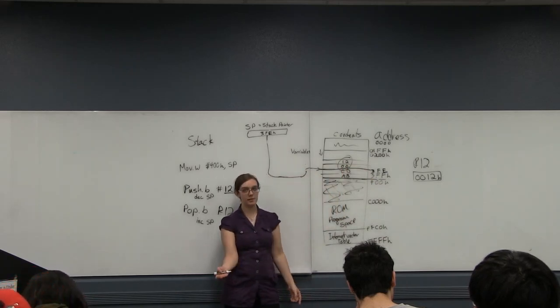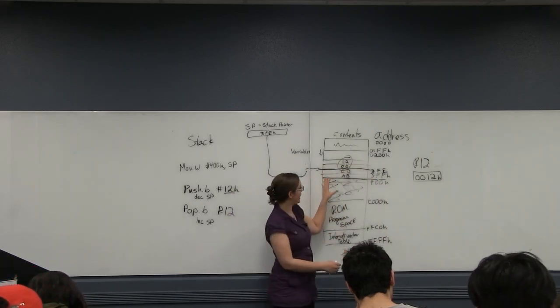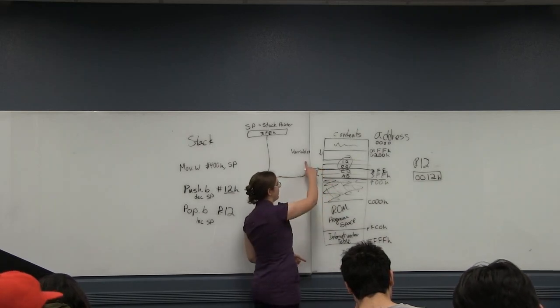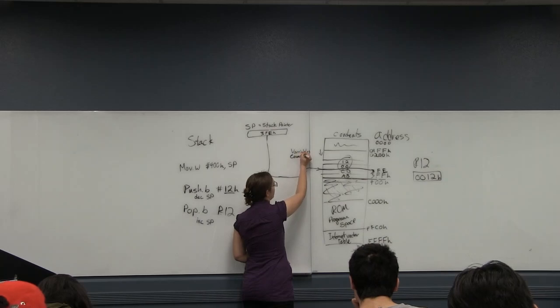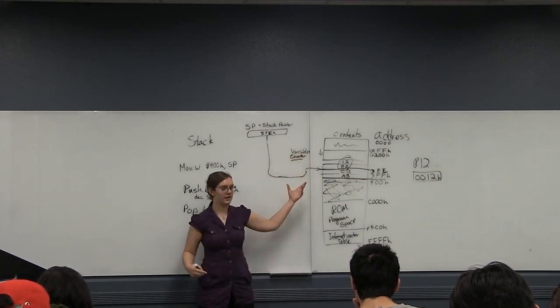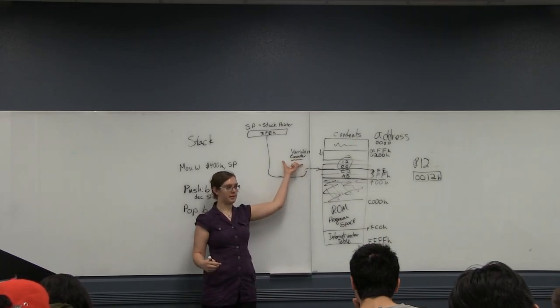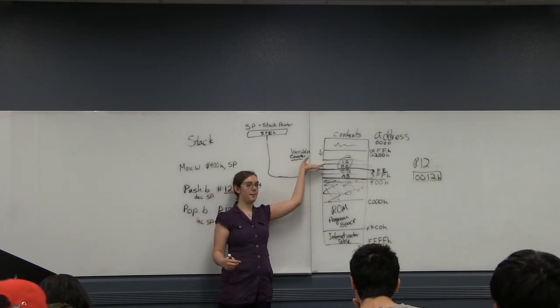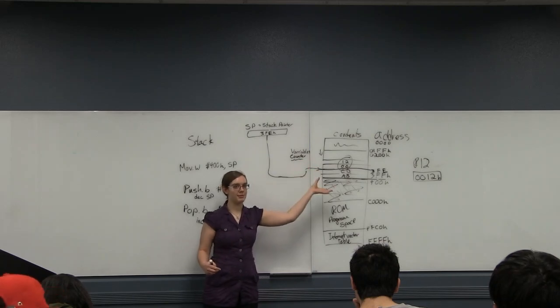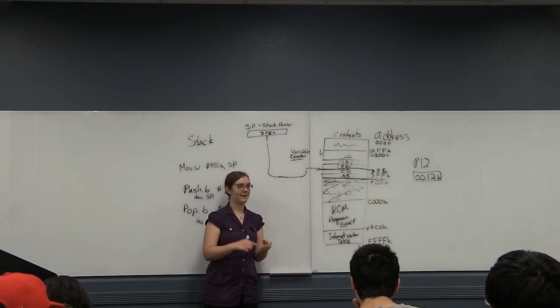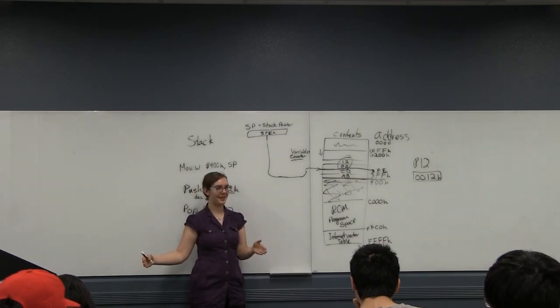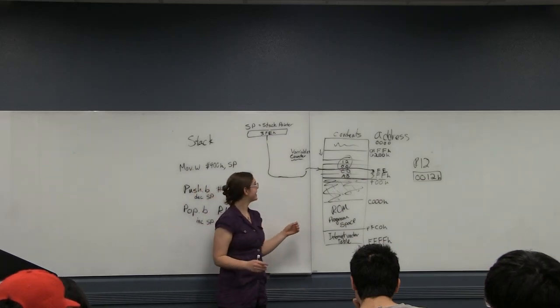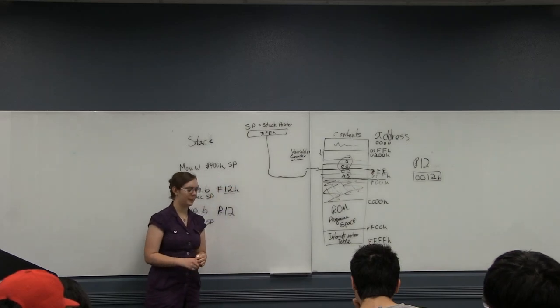The real problem happens if you have the stack building up here, but you also have some variables, like a counter or something that requires you to keep track of, like all your variables are important. Your stack can grow up into your variables if you don't keep track of it. That's why you shouldn't have subroutines within subroutines within subroutines, because at a certain point it gets a little dangerous if you don't know what your stack is doing.